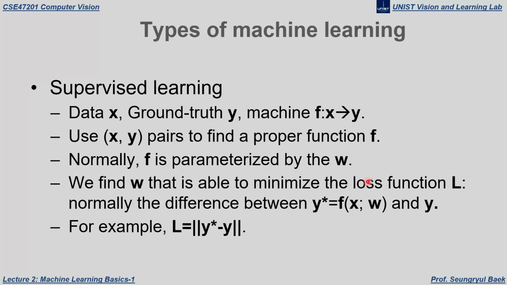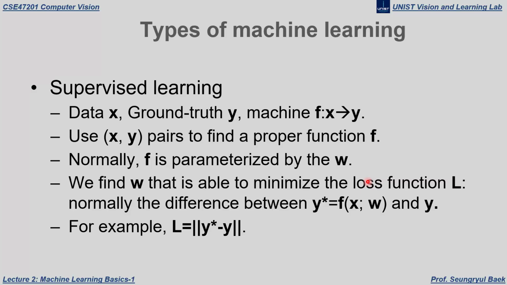During the learning phase, at the initial stage, we randomly initialize this A and B. So at the initial stage, this function outputs some incorrect values, which is not desired, because it is randomly initialized.